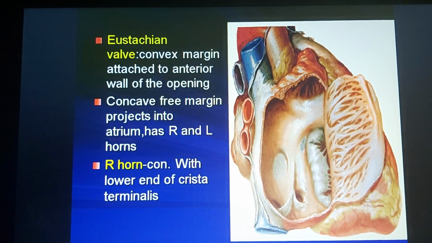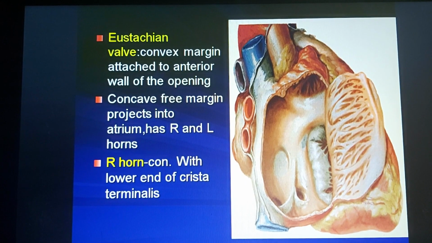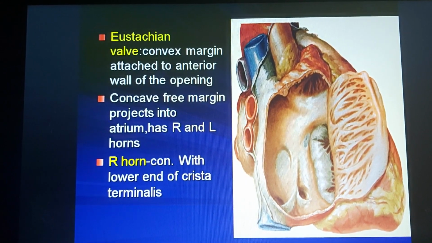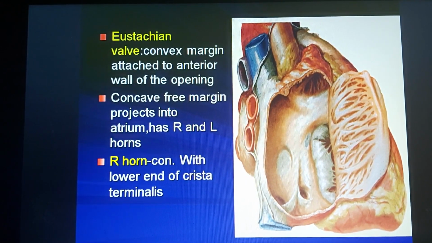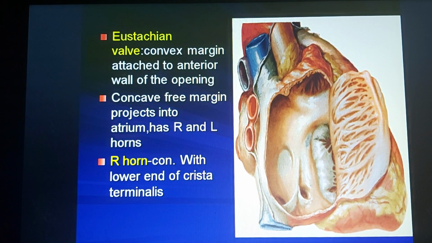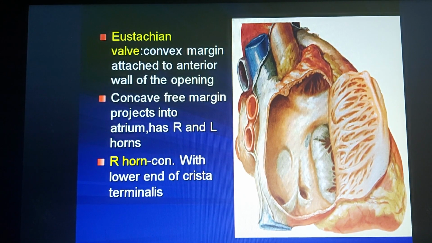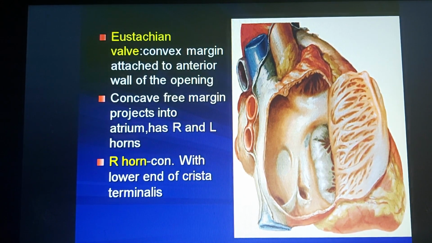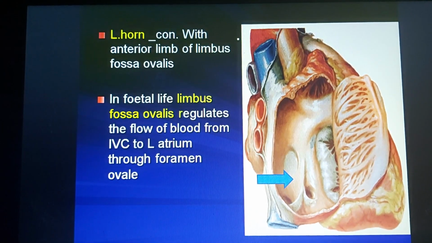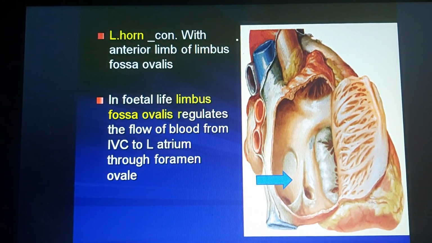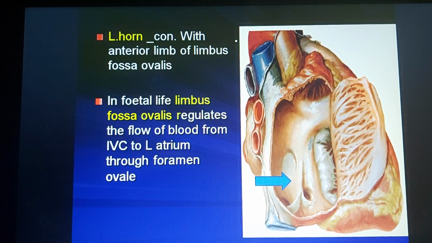The convex margin is attached to the anterior wall of the opening. The concave free margin projects into the right atrium, and it has a right horn and a left horn. The right horn ends within the lower end of the crista terminalis, and the left horn is continuous with the limbus fossa ovalis.